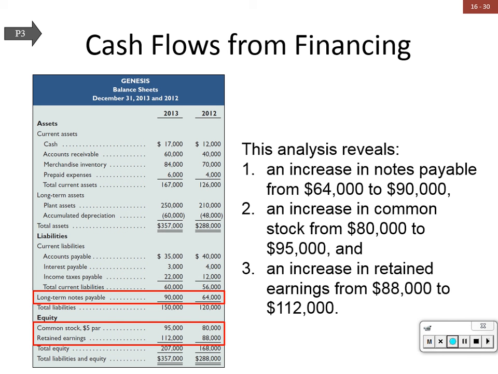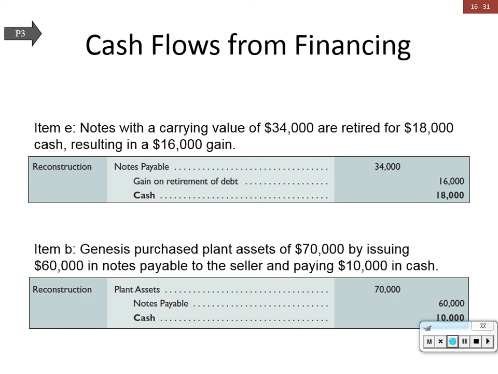So that's a 15,000 difference. And then retained earnings increased from 88,000 to 112,000. That's us acknowledging what has actually occurred from year to year using a comparison. Now in item E, they have a note that is carrying a $34,000 balance. They retired it for 18,000 cash, resulting in a $16,000 gain.